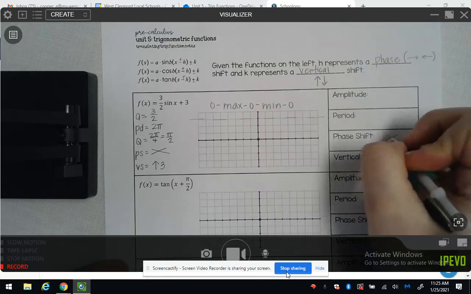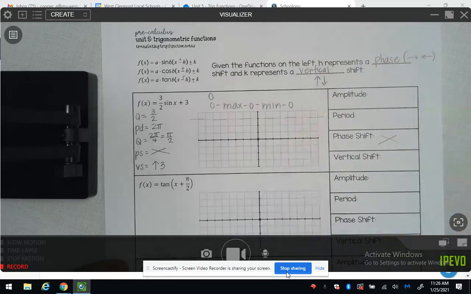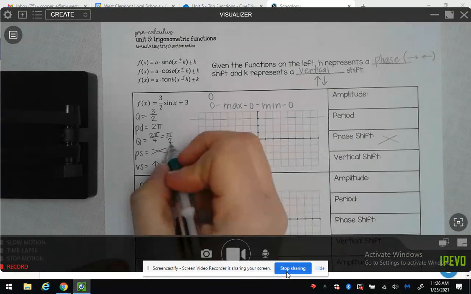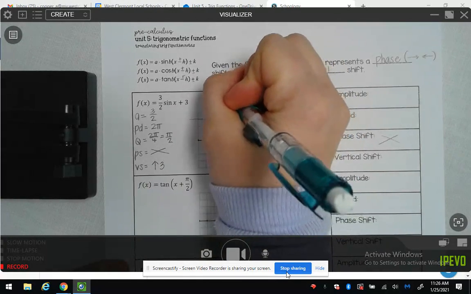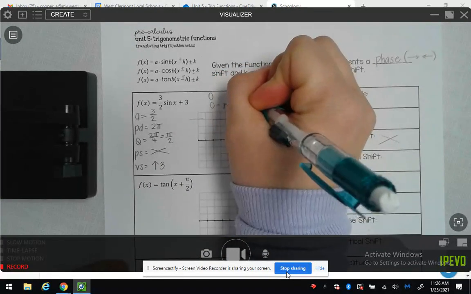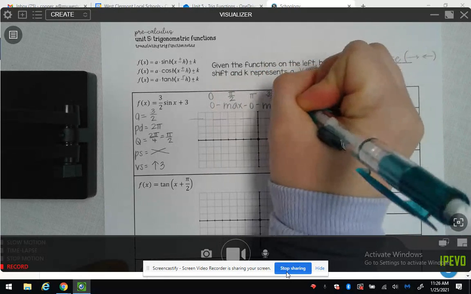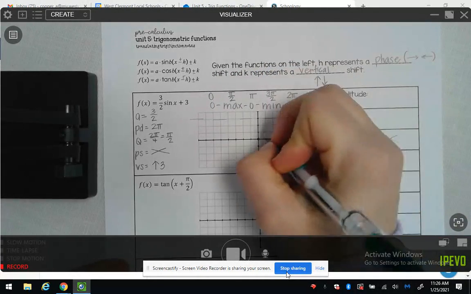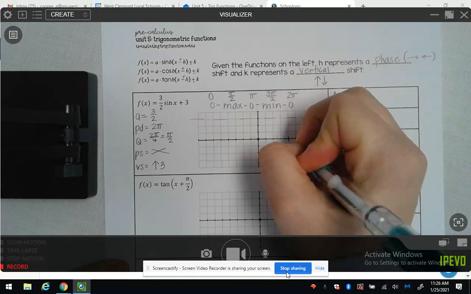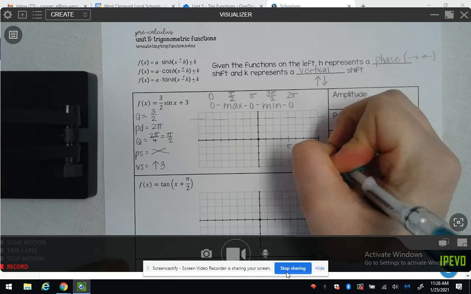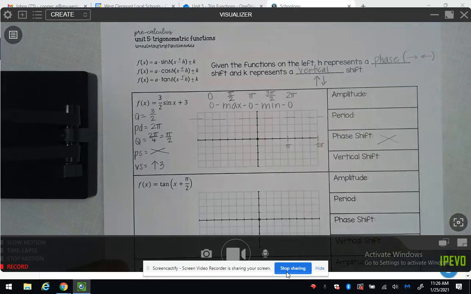No phase shift, so I'm still going to start at 0. And what am I going to add every time? Remember, you add your quad. So pi over 2, pi, 3 pi over 2, and then 2 pi. Mark that as pi, and mark that as 2 pi.